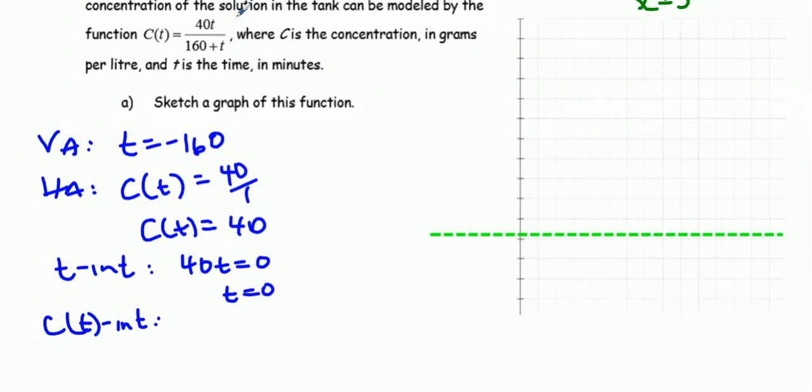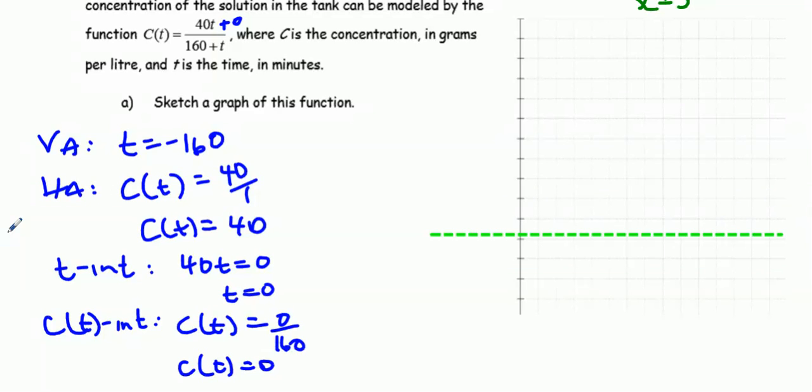So the constant here is 0, right? There's like a plus 0 here, and there's a constant of 160 here. So C of t is going to be equal to 0 over 160, which is 0. Okay. We should have enough information to graph this.